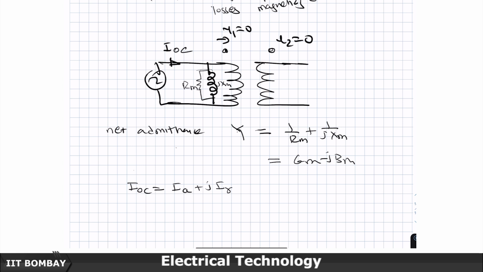It does not suit our modeling philosophy, because our modeling philosophy started like this: first there is an ideal transformer, so no current is drawn. Then we said no, there is a BH curve with a high mu r, so some magnetizing current is drawn. Then we said there is also hysteresis and eddy current loss, so an active current component is also drawn.